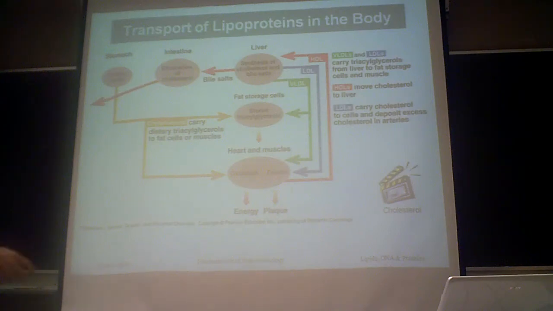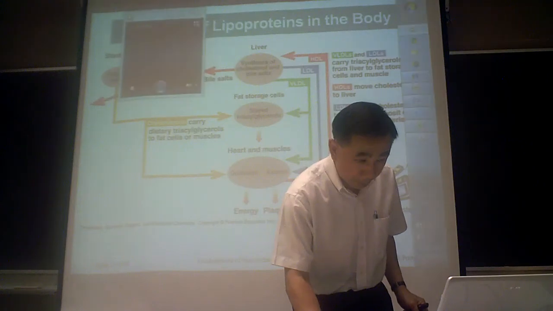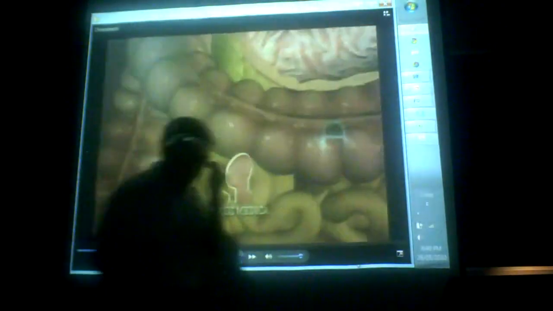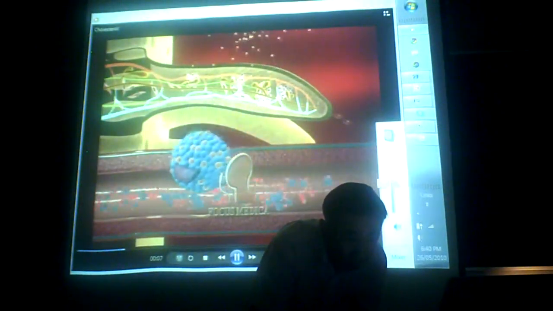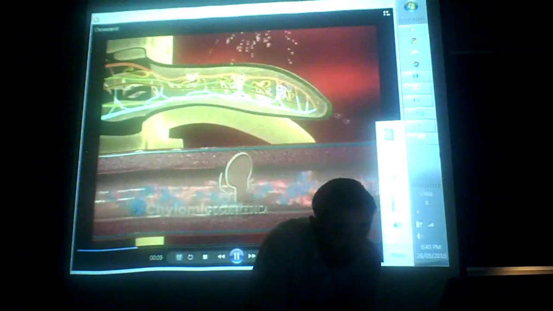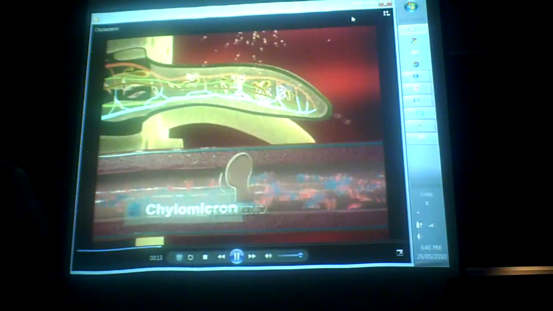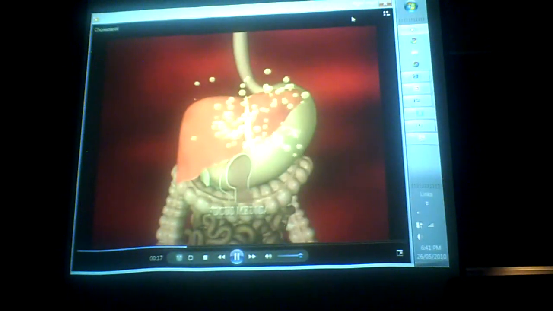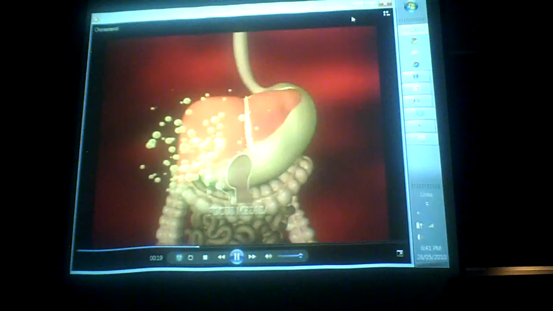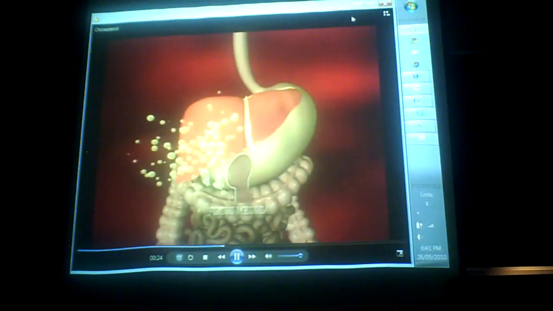So if you look at the short video that talks about what happened. After a meal, cholesterol is absorbed into the blood circulation and is then packaged inside a protein coat. This cholesterol protein coat complex, called chylomicron, is then transported to the liver. Cholesterol synthesized by the liver, as well as any excess dietary cholesterol in the liver, is transported in the serum.